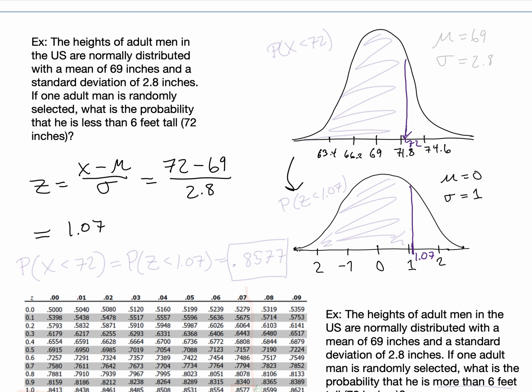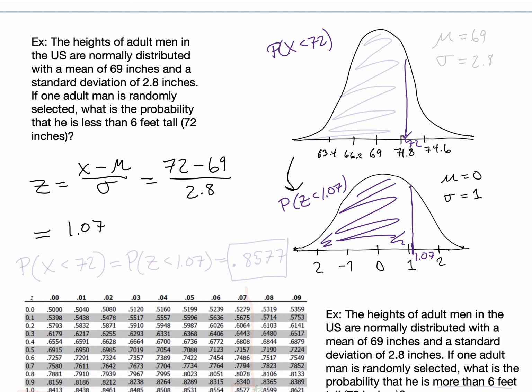And now we know that the probability that x is less than 72 inches is equal to the probability that z is less than 1.07. And we're able to find this probability using the z-score chart.